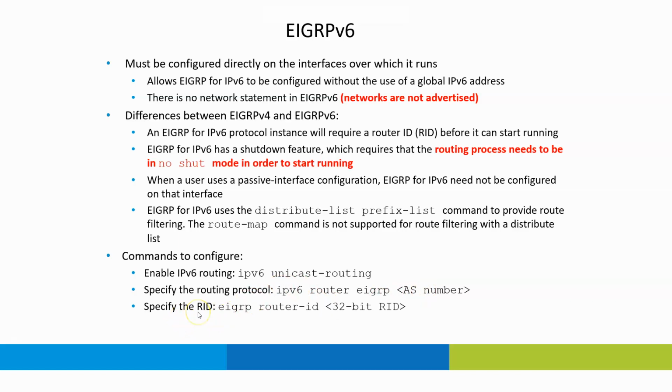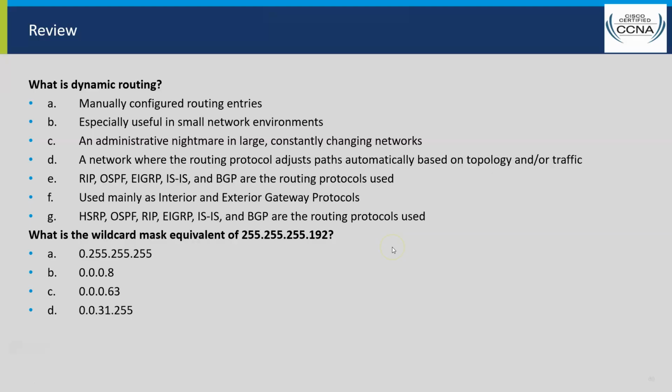And then in the IPv6 EIGRP configuration, the router ID has to be specified, and then you use the no shutdown command. So yeah, loopback is always a good thing to use for these things, and then the EIGRP autonomous system numbers that are there.